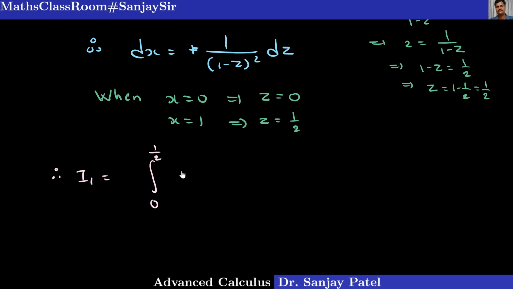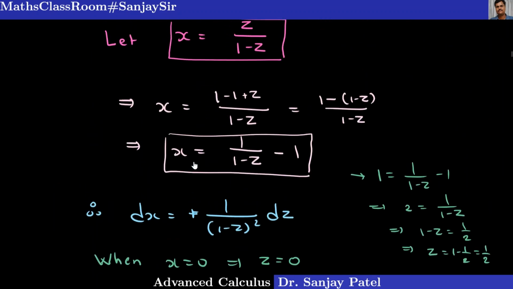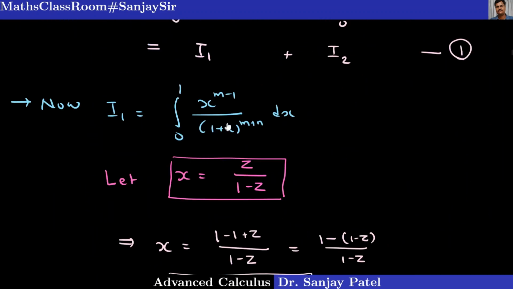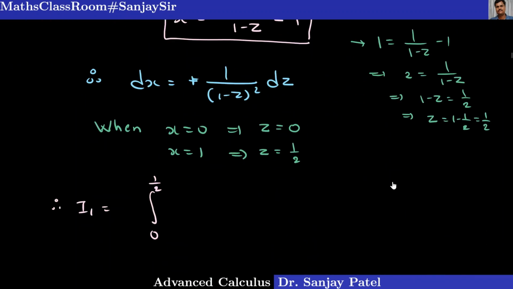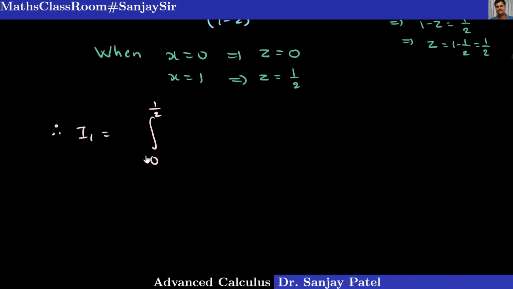Let me write first this original integral so that we can put the values very easily. Integral 0 to 1 x raised to m minus 1 upon 1 plus x raised to m plus n dx. So this is equal to integral, for x equal to 0, z is equal to 0. For x equal to 1, z is equal to 1 by 2. So the corresponding value of the limit is 1 by 2.